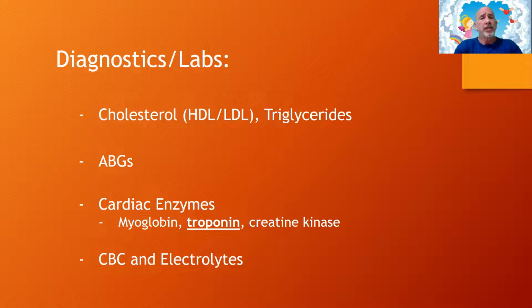When tissue breaks down, it will release stuff into the bloodstream. In other words, the cells die, they release their contents. And myoglobin, troponin, and creatine kinase are products that are released on muscle tissue damage.